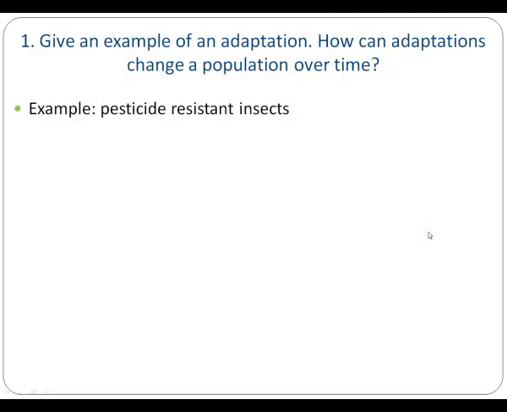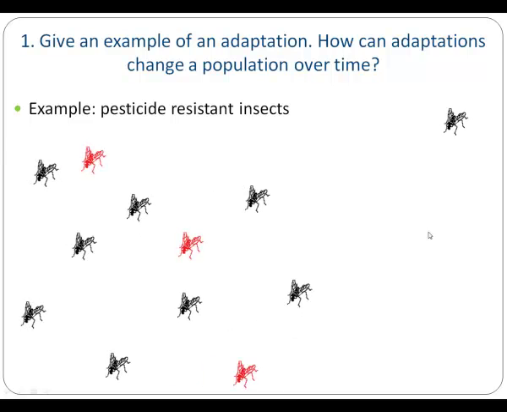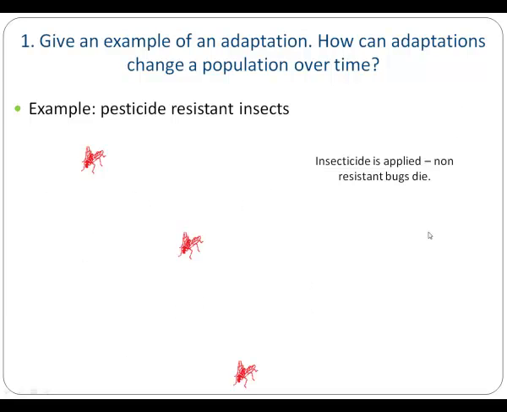Next section is on evolution, adaptation, and variation. Give an example of an adaptation. How can adaptations change a population over time? So an example of that could be pesticide-resistant insects. So I have a population of insects, and the red ones are pesticide resistant. So an insecticide is applied, so all of the non-resistant bugs are going to die.